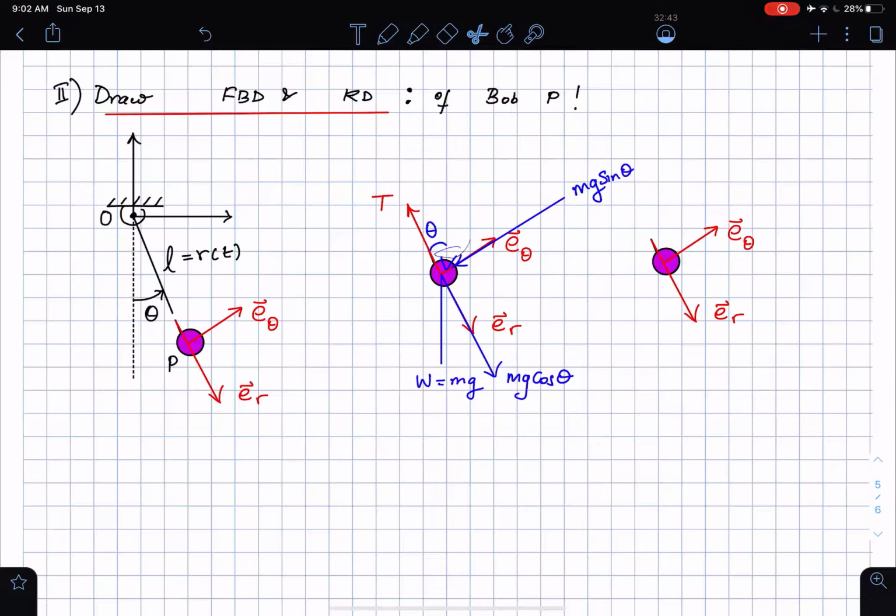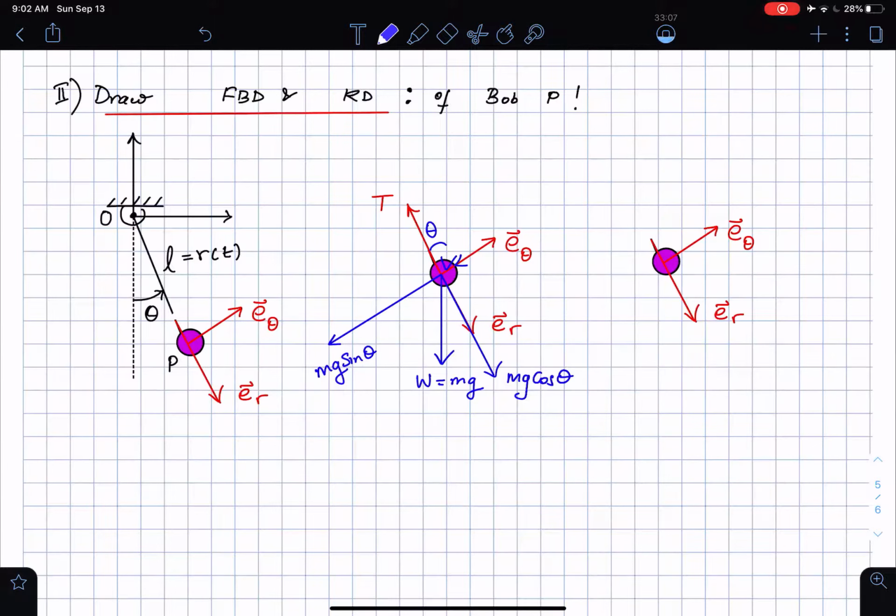Let me try my best. Okay, that doesn't let me do it, but let me take these terms and bring them here. So that's mg sine theta here. Then I need some arrows. So that's mg cos theta and mg sine theta.